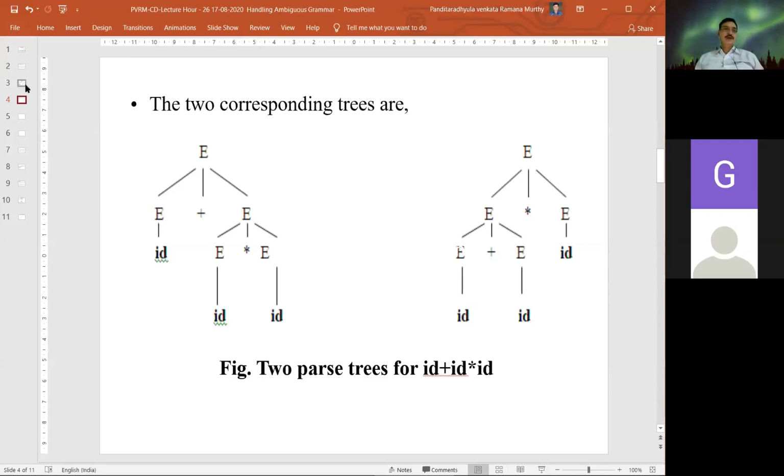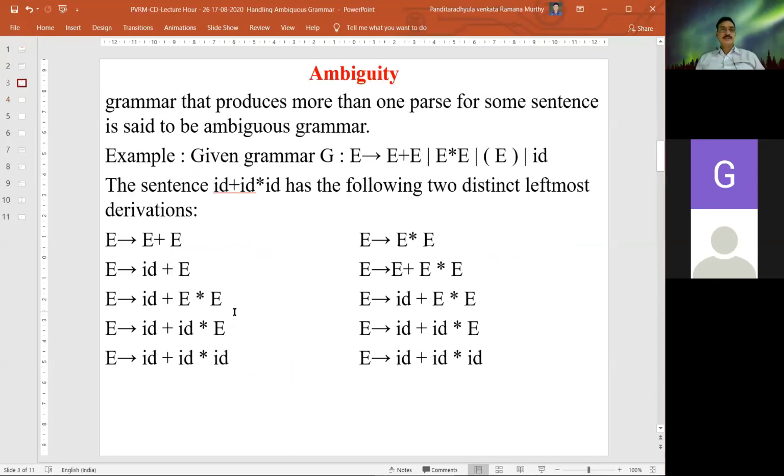Grammar is having ambiguity, right? So what is the meaning of an ambiguous grammar? We say a grammar has ambiguity if we have two different types of derivations. If you perform the plus operation first between the first pair of IDs, then multiply the result by the third ID, we get one result.